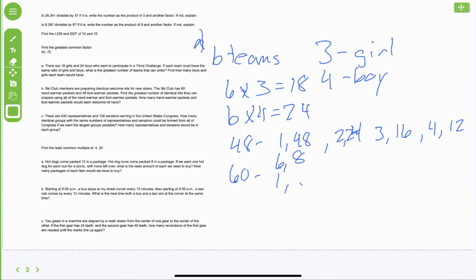So 60 is going to be 1 and 60, 2 and 30, 3 and 20. Will 4 go into 60? 4 goes into 60 how many times? 15. 6 will go into it how many times? 10.